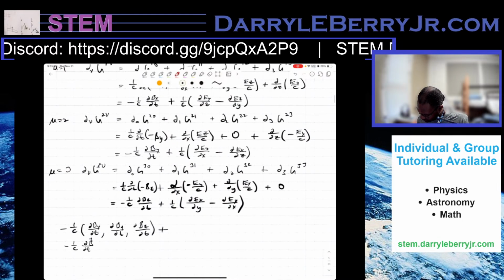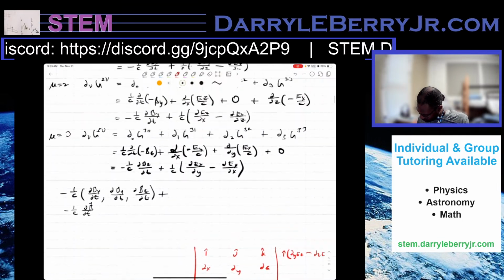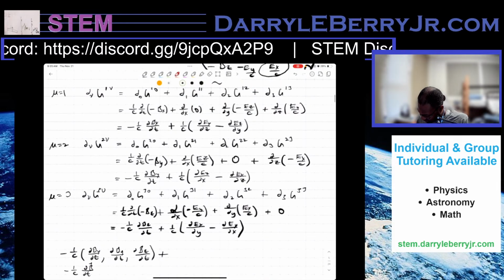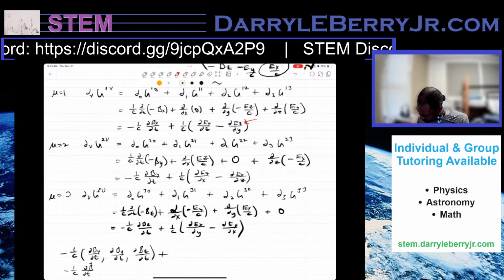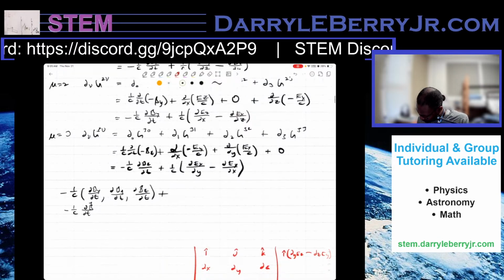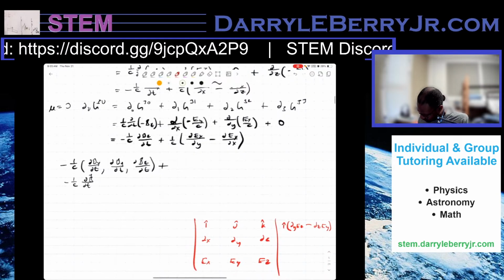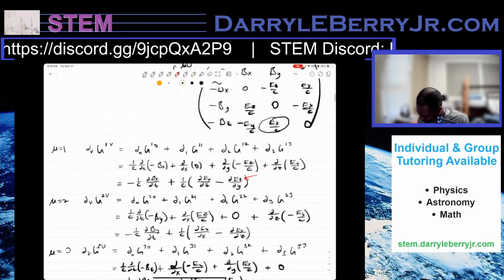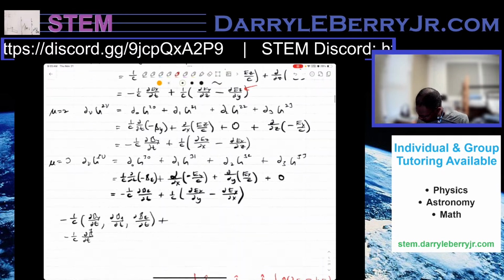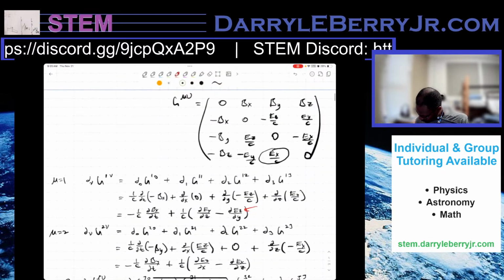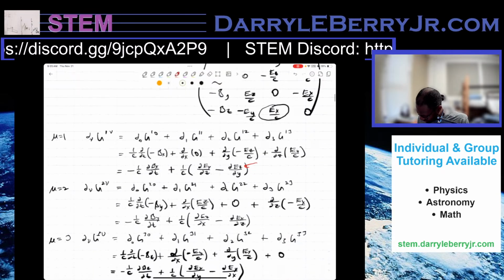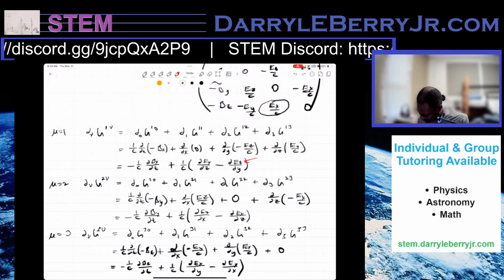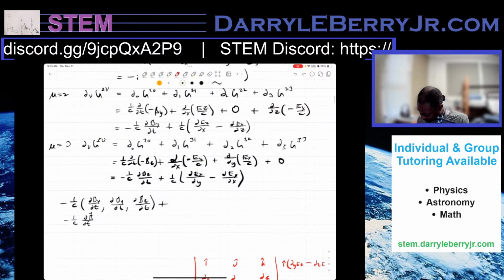Look at this one. We see that is what we have, but it's reversed. So instead of partial z Ey being subtracted, partial y Ez is being subtracted, and partial z Ey is the positive one. So it's reversed.